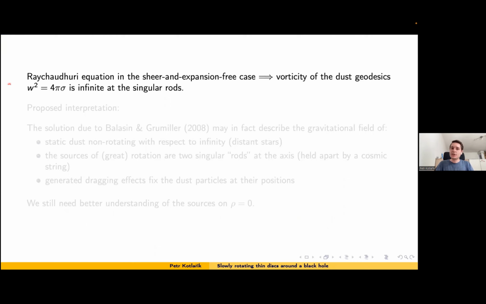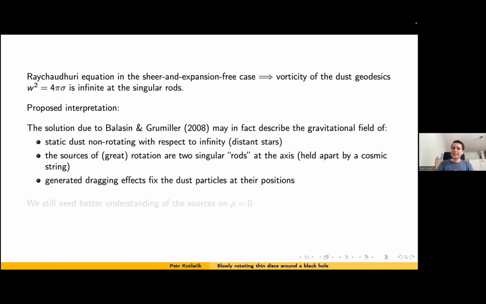And from the Raychaudhuri equation, if you have the shear-free and expansion-free case, which is rigidly rotating dust, you find out that the vorticity of the dust geodesics is proportional to the dust density, and it is infinite at the singular rods.